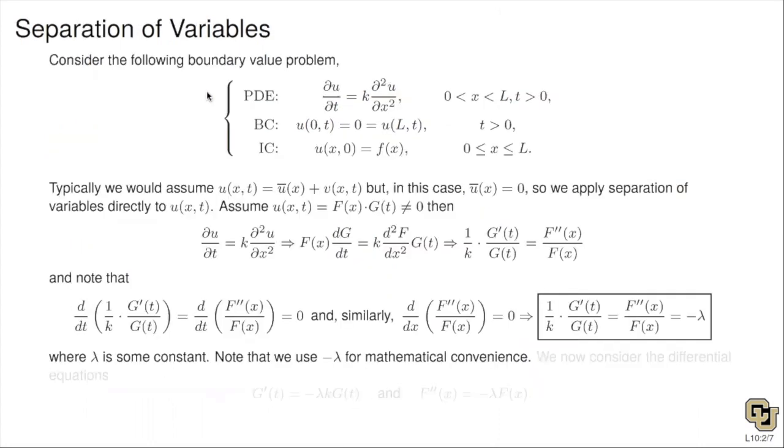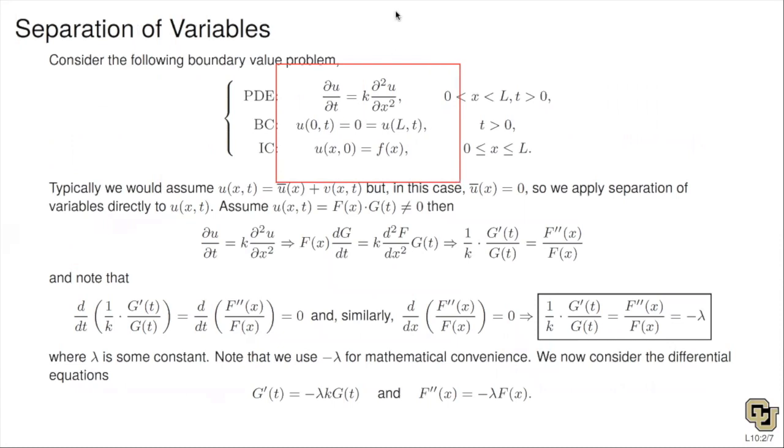The point I'm trying to make is that the next time we look at the heat equation, keep this in mind. The actual heat equation will be the same. The initial condition will be the same. That is, it'll be U of X at time equal to 0 is equal to some function.